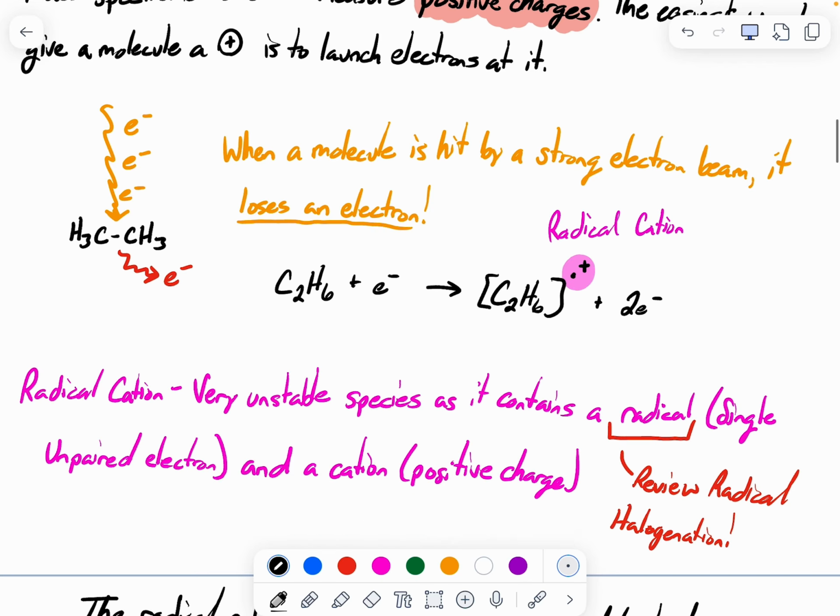But radical cations, in and of themselves, are super unstable because you're pairing a radical, which is already super unstable, with a cation that is also super unstable. Both these things together make a very uncomfortable species that doesn't really want to exist. But it can exist for long enough that we're able to actually see it on the mass spec. Okay, so is everyone cool with how a mass spec does its job?